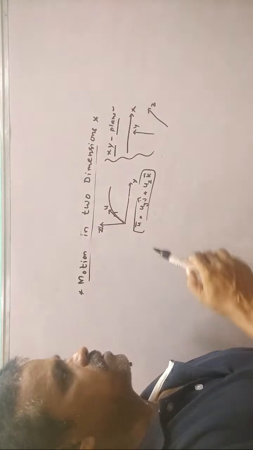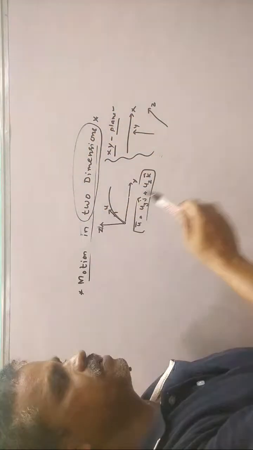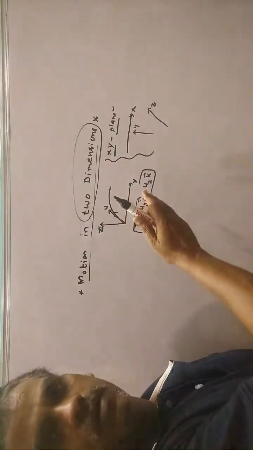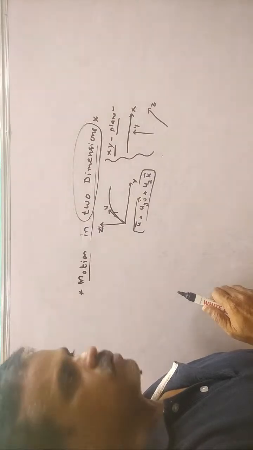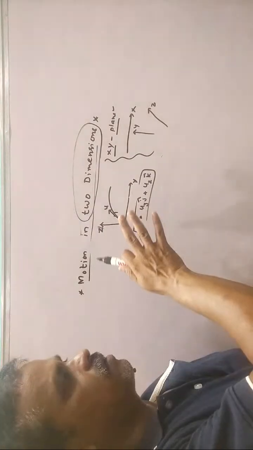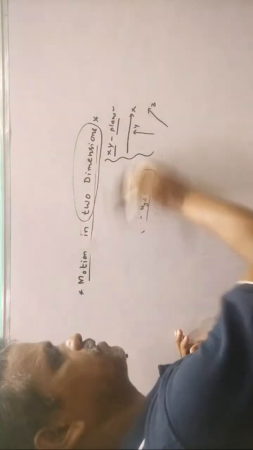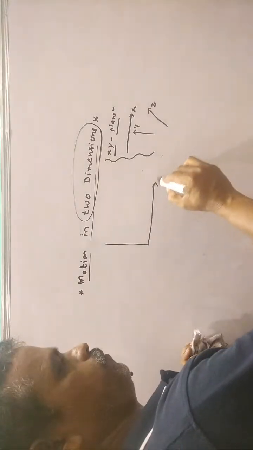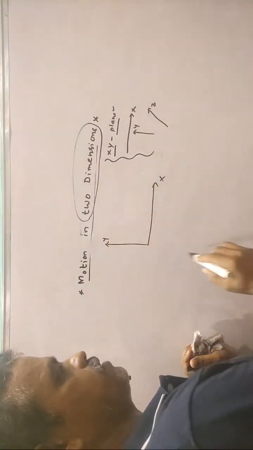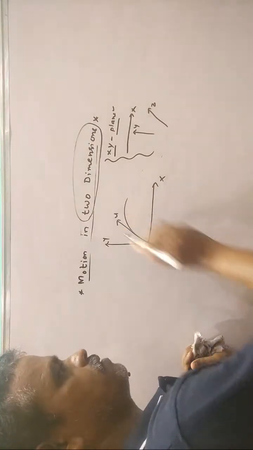But here I am discussing the motion in two dimensions. Two dimensions means it has x axis and y axis, both directions are there. The body is moving in a plane, the xy plane. The vector is like this.